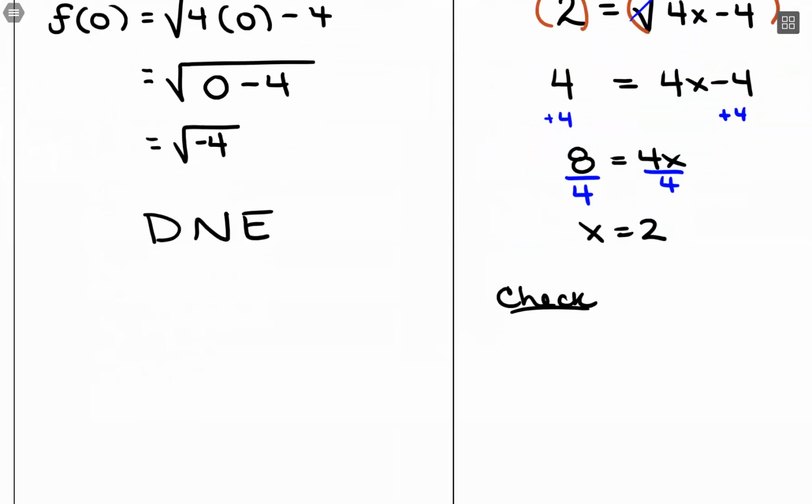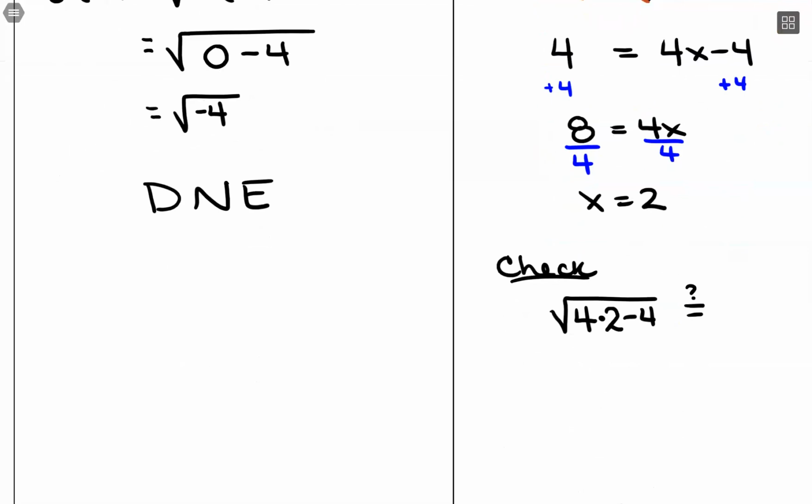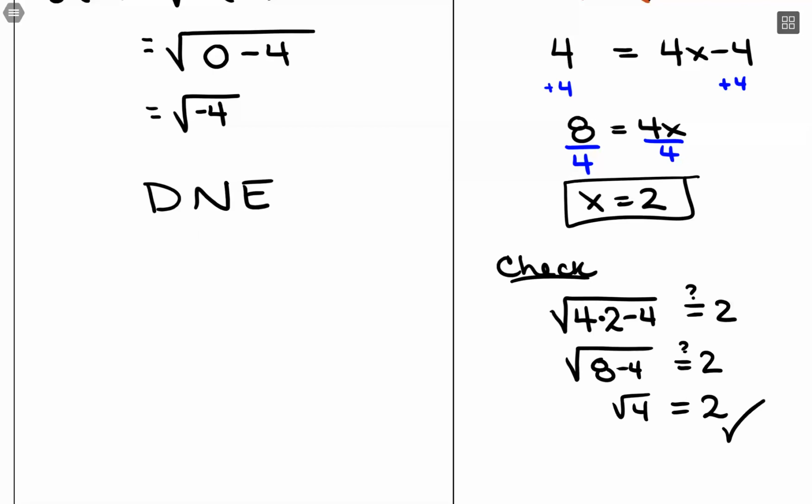Meaning, if I go to my function, square root of 4x minus 4, and I plug in 2, is that going to work to give me this output value of positive 2? So this is the square root of 8 minus 4, which is the square root of 4, which is equal to positive 2. So that works out, so we do have our solution.